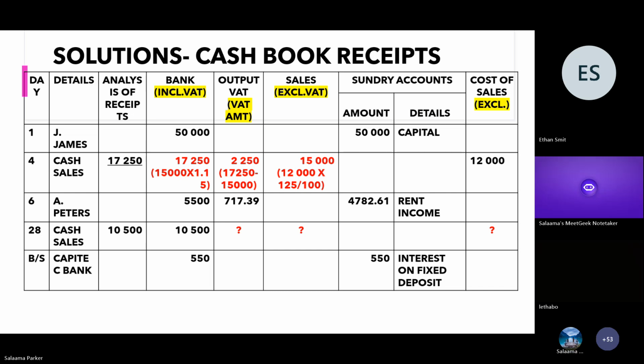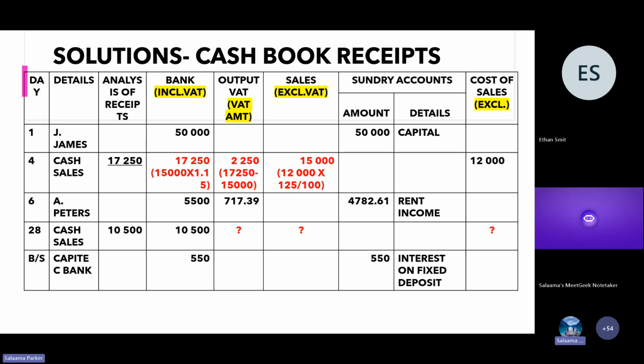Anybody willing to share their answers? I know you know how to calculate VAT. Madeline, Keegan, Tatum, Mhlongo, Nolo, any answers for me there for output VAT, sales, cost of sales, before I share my solution?